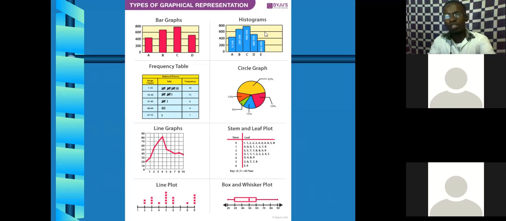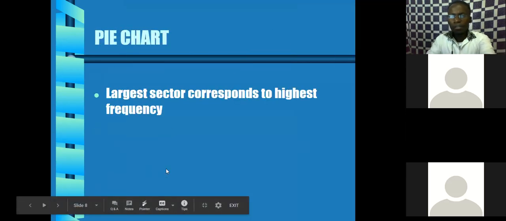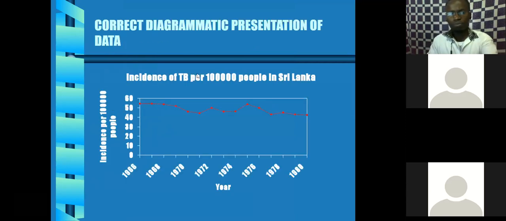But when you look at the histogram, the area of each bar represents the frequency. So here we're talking about the height, here we're talking about the area. Then the pie chart, like I already mentioned, the largest sector corresponds to the highest frequency. So the larger the sector, the higher the frequency.